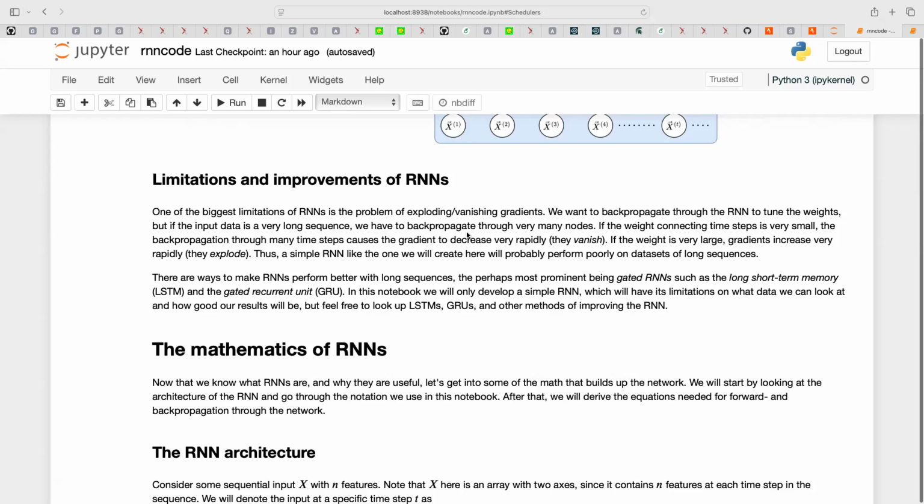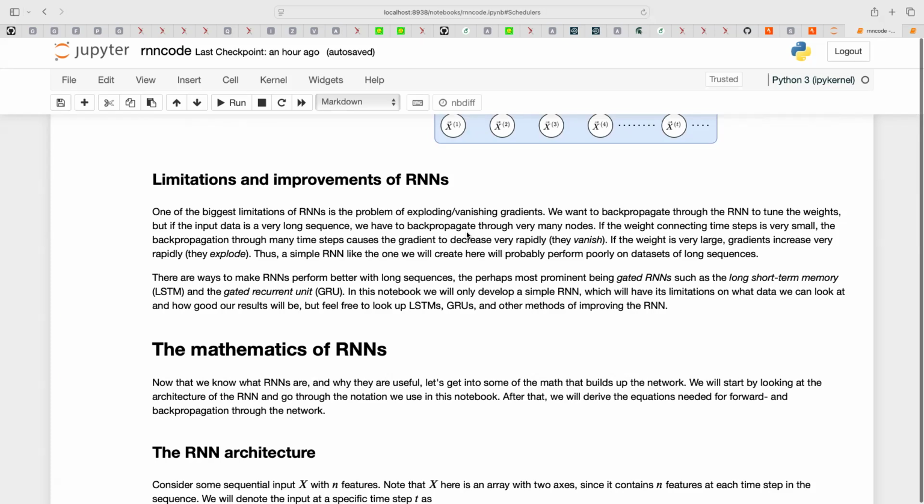The problem, which we looked at last time, is vanishing or exploding gradients. There are ways to make RNNs perform better with long sequences, and the long short-term memory, which we will discuss next week, is one possible way of circumventing the problem with long sequences of data.